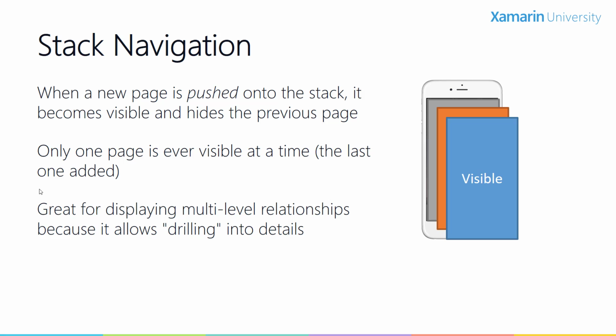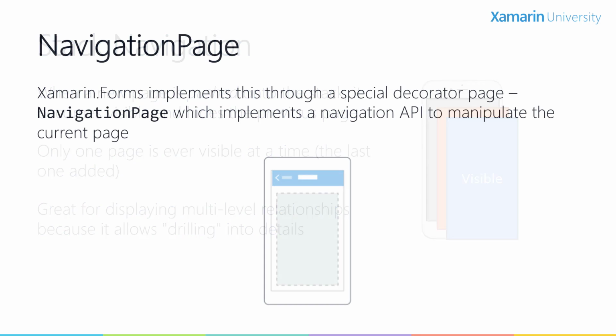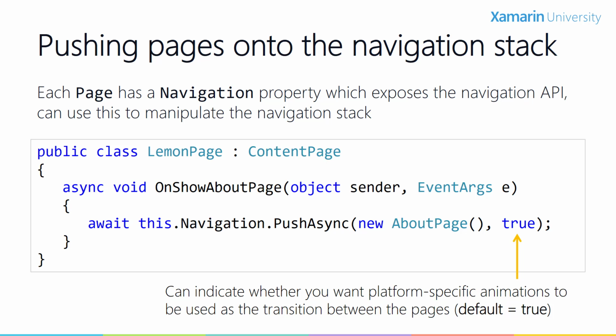So if I pop a page off, the previous page will now be the visible page. We implement stack navigation in Xamarin.Forms by using the navigation page class. This is what we did in Renee's session, but now we're going to go ahead and look at how we can actually do the navigation.